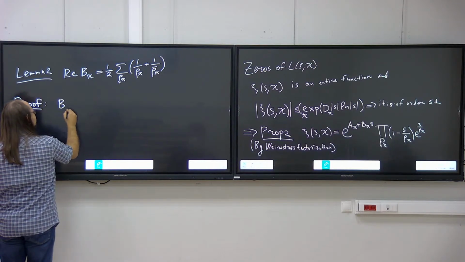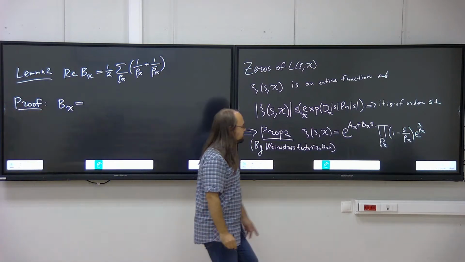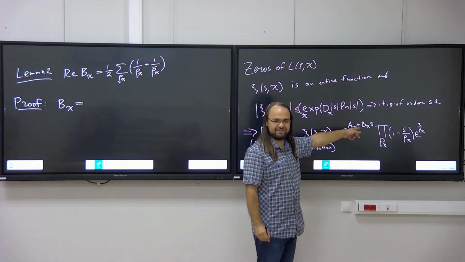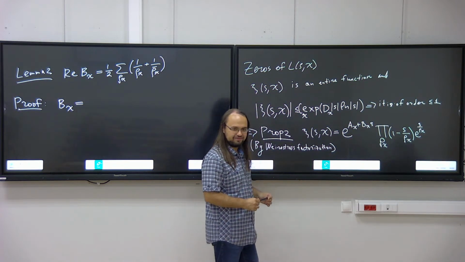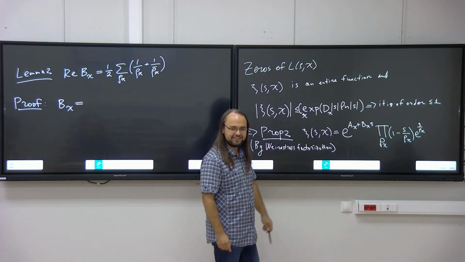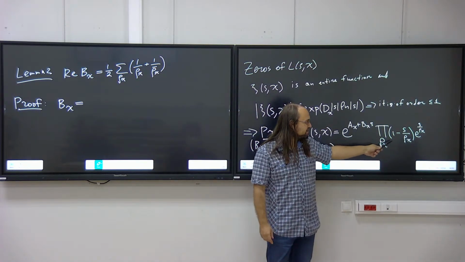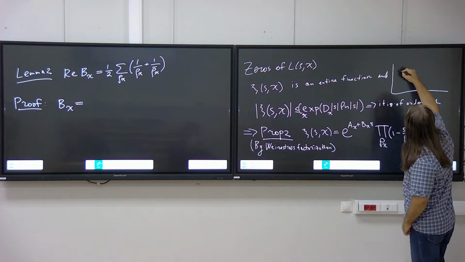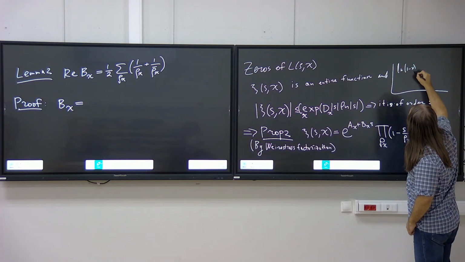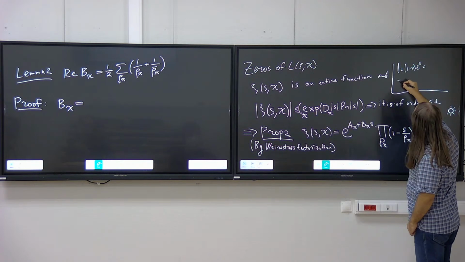What is b sub chi? B sub chi is the constant from the exponent, right? So if you take a logarithm of this expression, then you get a linear term, and then you have the sum of these things. But you can check that the logarithm of 1 minus x, times e to the x, is equal to what?